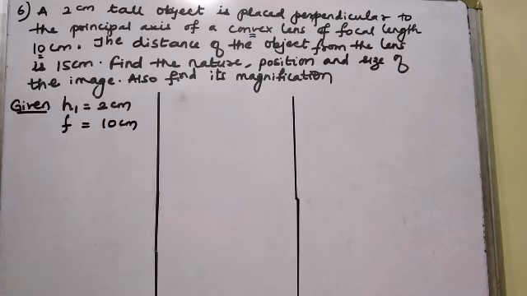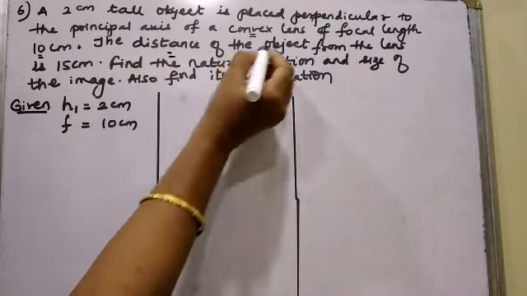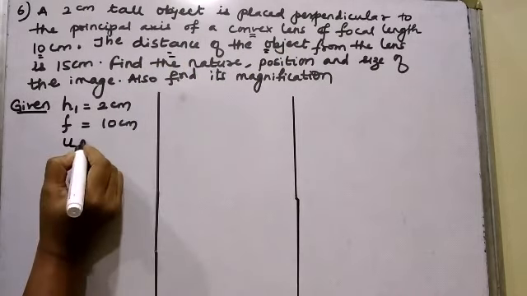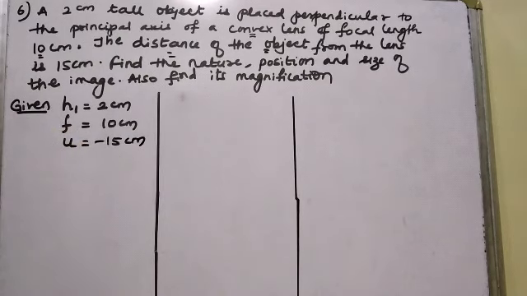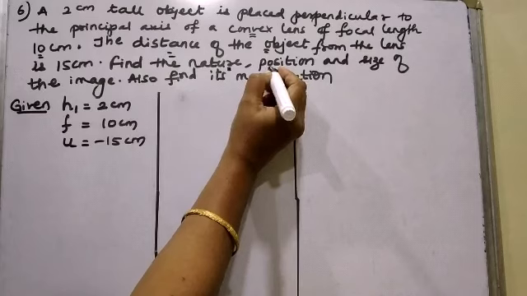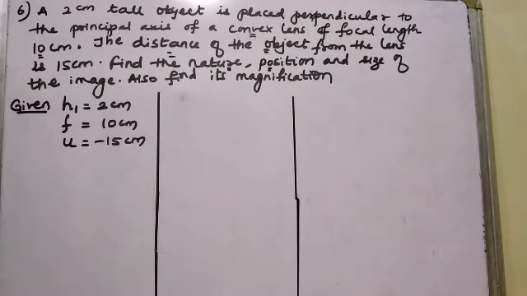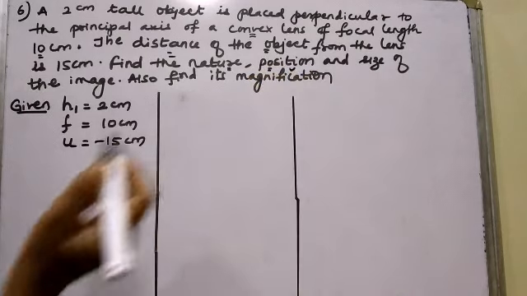The distance of the object from the lens, so the object distance, is 15 centimeters. Please do remember that U is always negative. Find the nature, meaning whether real or virtual, and the position of the image, that is where V will be formed.